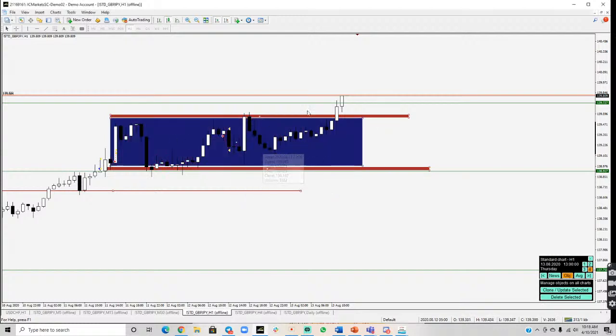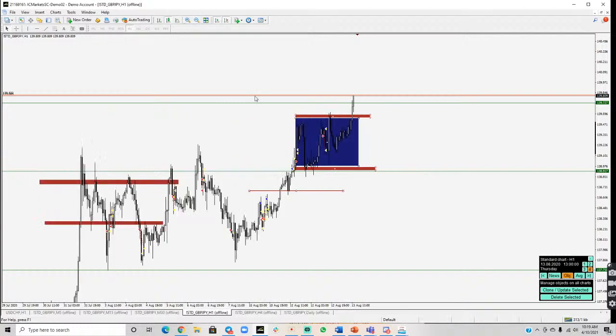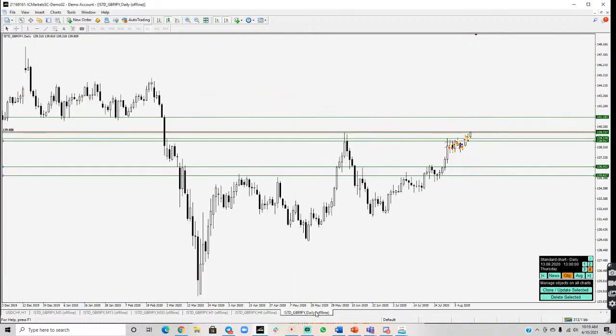All right, price breaks and closes above your level. This increases the probability for the market to push price up to the next significant level. Looking at this on the daily time frame, we are looking at about 141, 183.